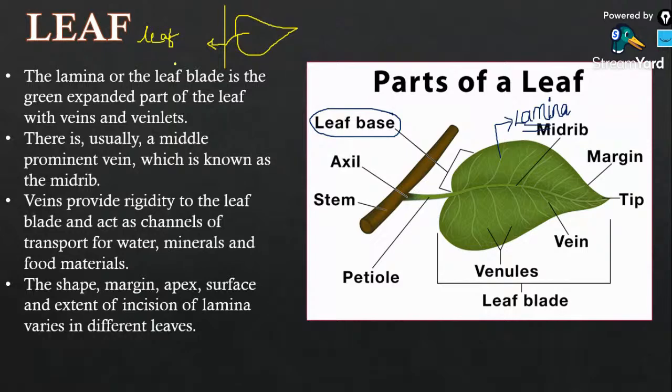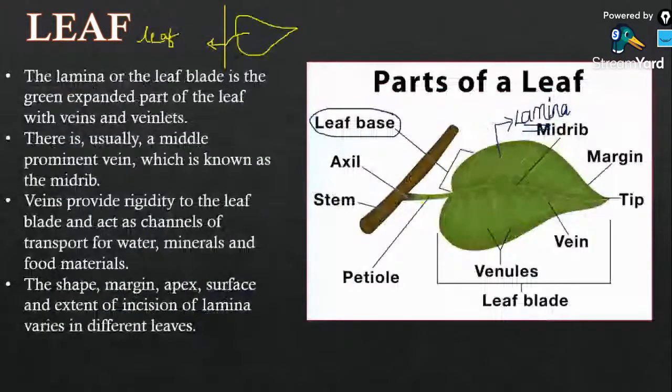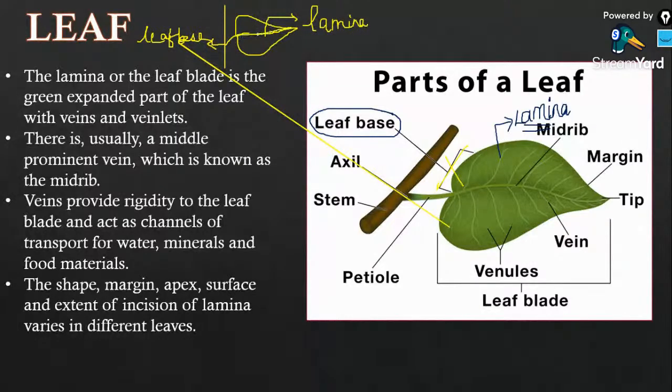Done. The leaf base. In this diagram, it is not properly labeled. This green leafy part, you will call the lamina. Through the center of the lamina, you will have a thick vein passing. That vein, you will call the midrib.